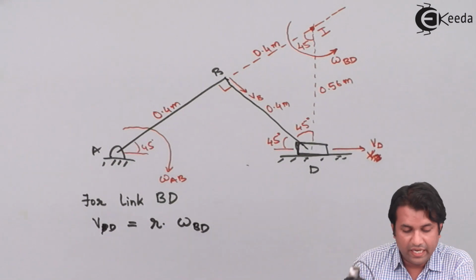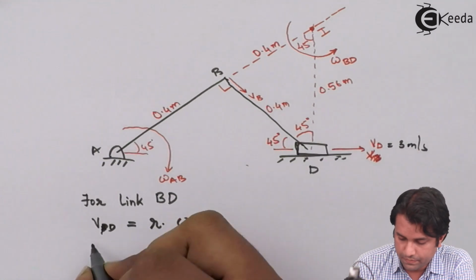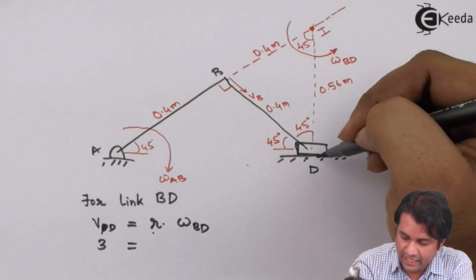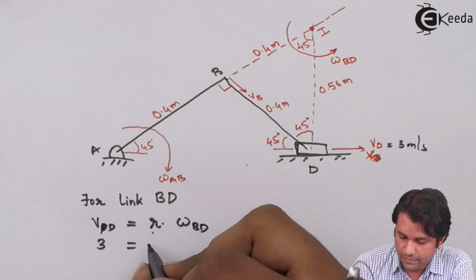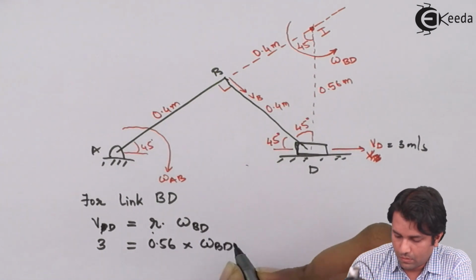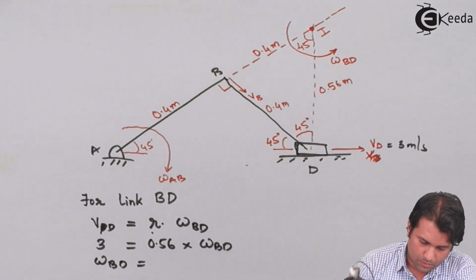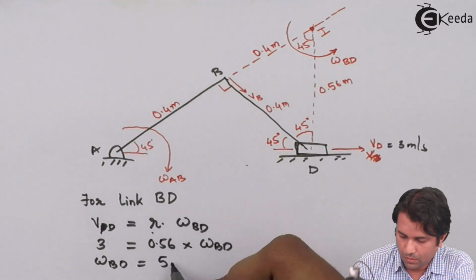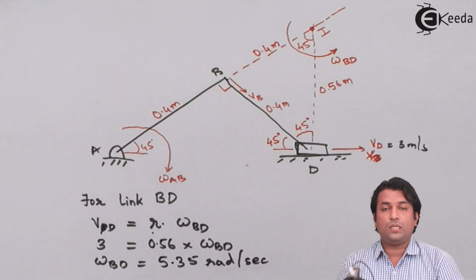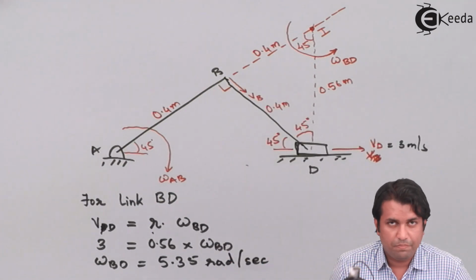Now VD is already given to us as 3 meters per second. We know the radial distance, that is ID, happens to be 0.56 meters. So I got the angular velocity for link BD as 5.35 radians per second.